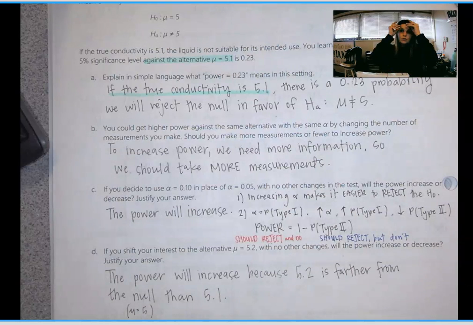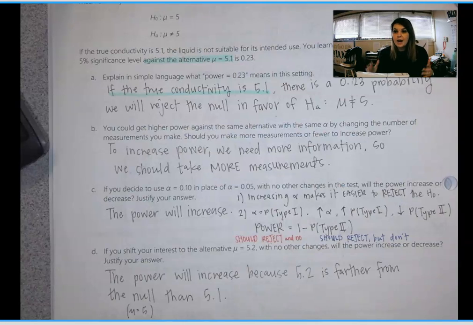Now the next one is the one where we're actually going to add to our understanding of power. And I had to write a lot of things down in this section to wrap my mind around it. So, before we go into this, I just want to reiterate, I had to look through my notes.